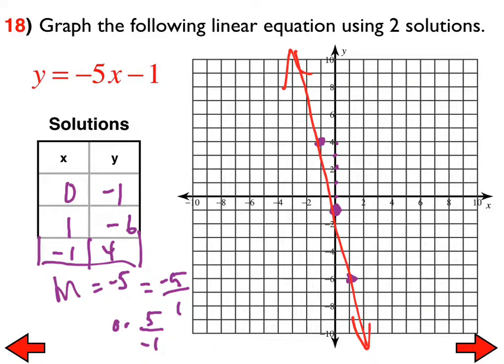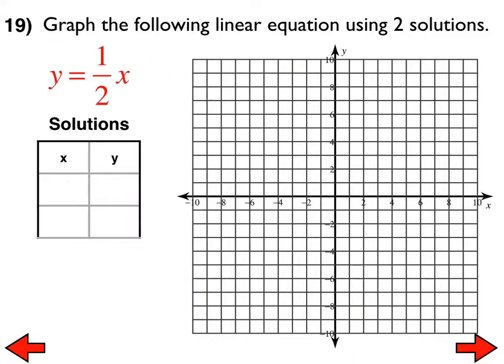Okay? Quickly do number 19. All right, so the y-intercept is at (0, 0) because b is 0, or because that's a proportional relationship. Using the dot tool, we'll plot it there.